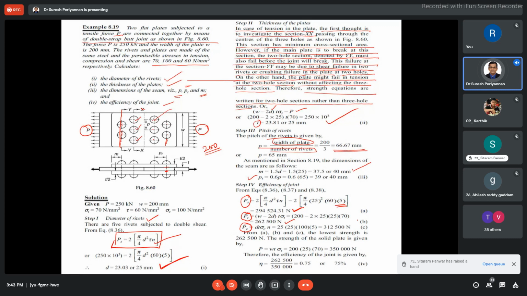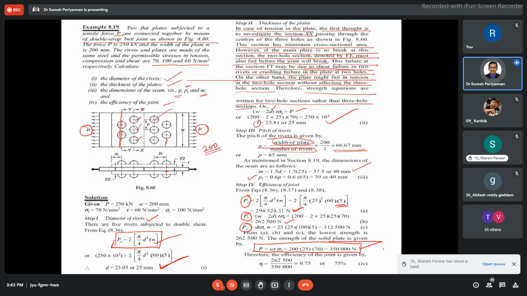Before going to the efficiency of the joint, we have to find out the strength of the plate in solid condition, without introducing any holes. W T into sigma T is 350 kilonewton.